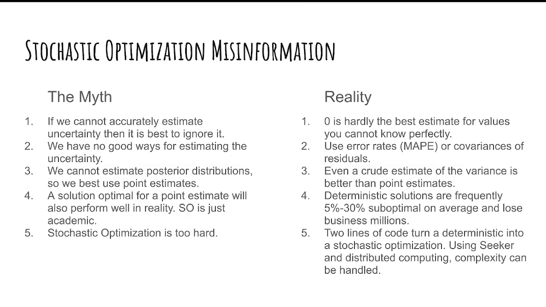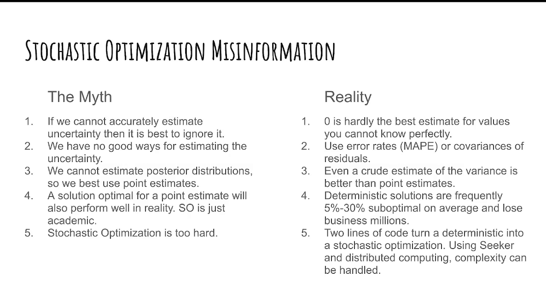You can either use the error rates, which your machine learning team already has, or use something like the covariances of the residuals, which your machine learning team also has. So even if they're not using a forecasting model that by itself comes with a posterior distribution, many of them do, by the way, but even if that is not the case, you can very easily build a posterior distribution around it.